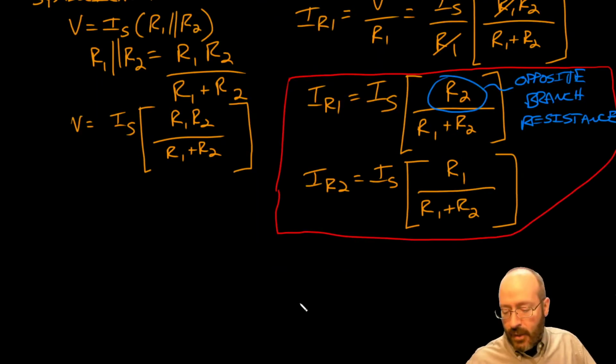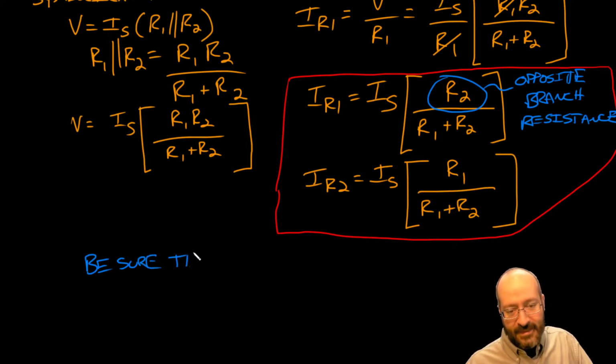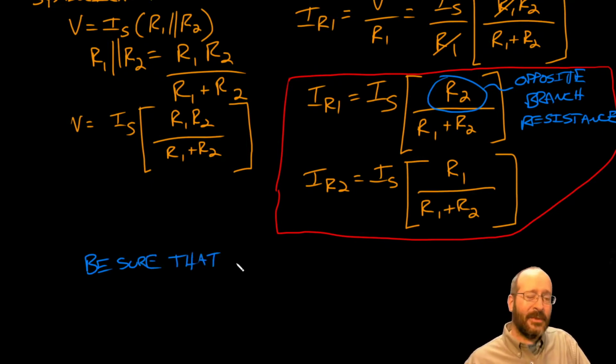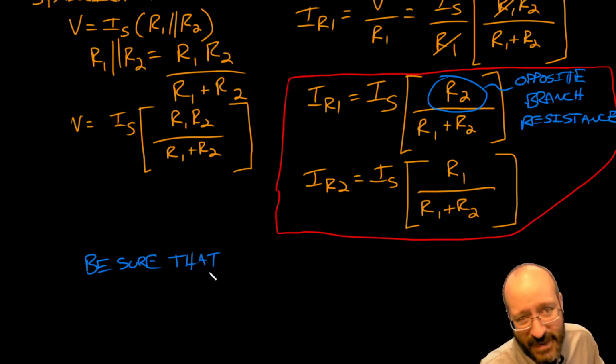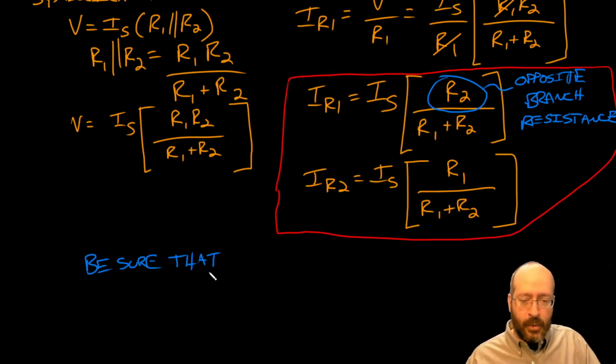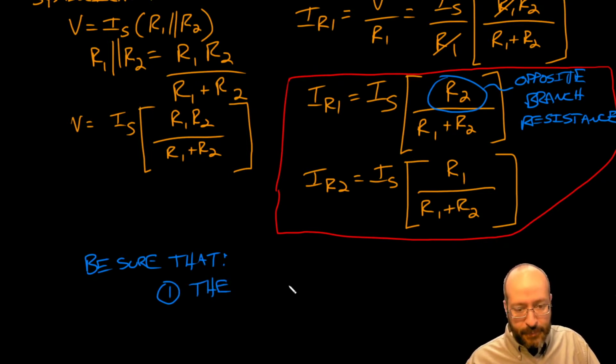Now, we got to do two things. Be sure that, okay, we had these two things when we were dealing with the voltage divider. We kind of have to restate them for the current divider. So the first thing we want to be sure of is that the branches are in fact in parallel.